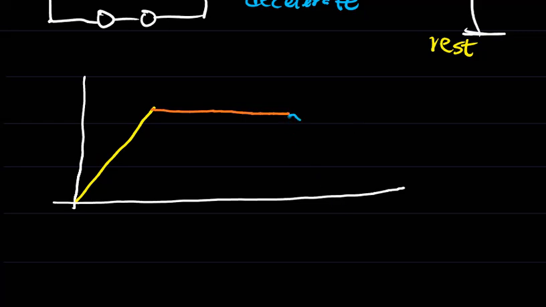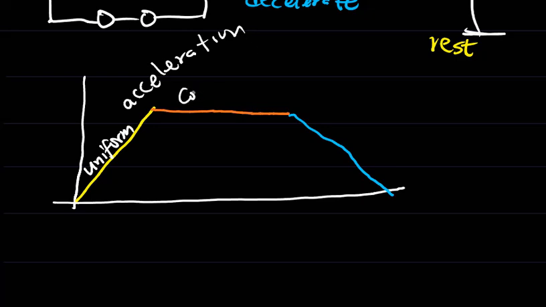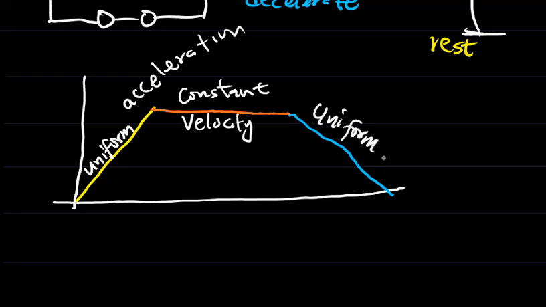Then finally, the object slows down to rest uniformly. So this is uniform acceleration. At this point, the object is having constant velocity or zero acceleration. Then this is, of course, uniform deceleration.